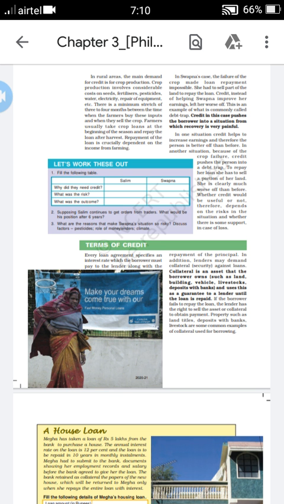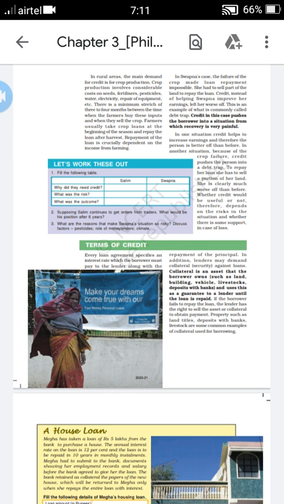Security is required when we are taking any loan from a bank. For example, if I am taking a house loan, they will ask details of where I am working and how much salary per month I am getting. Such documental records they will ask.